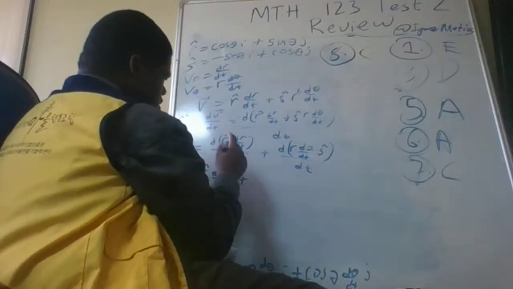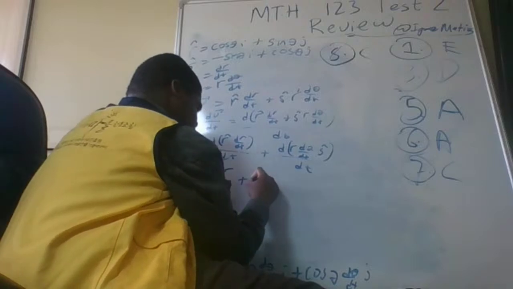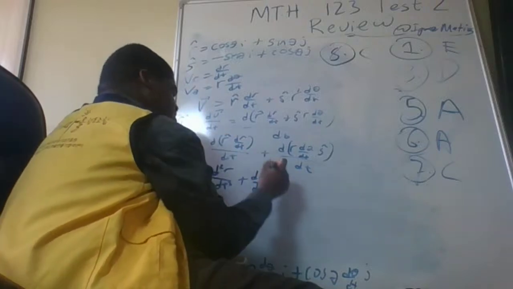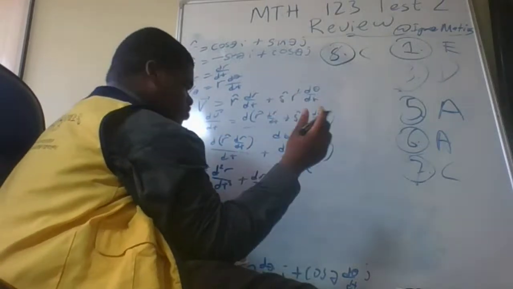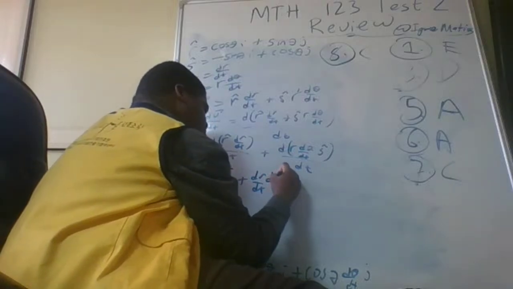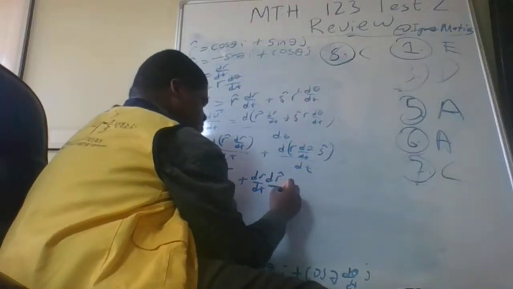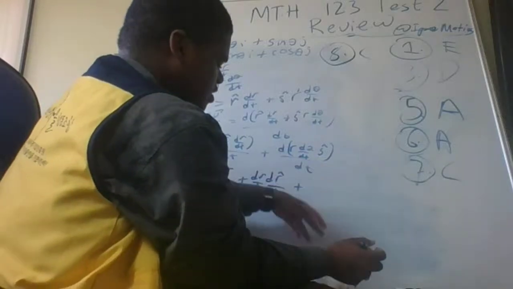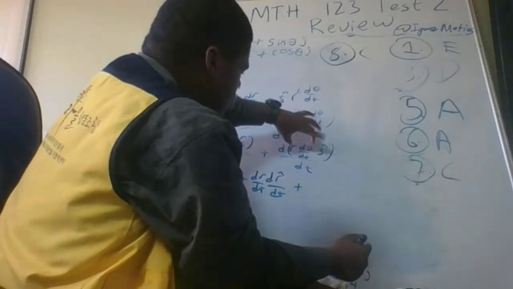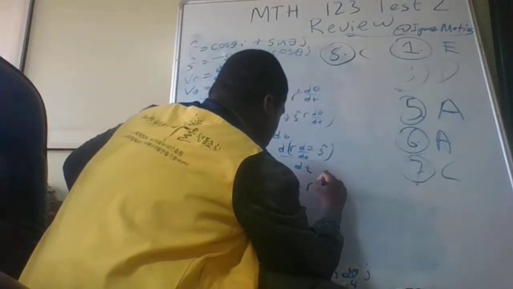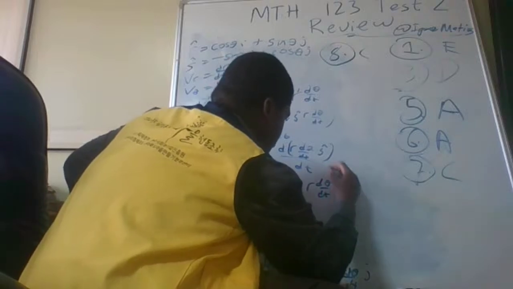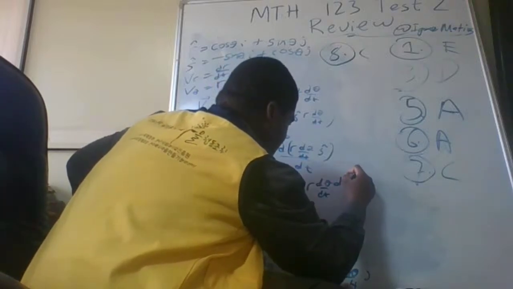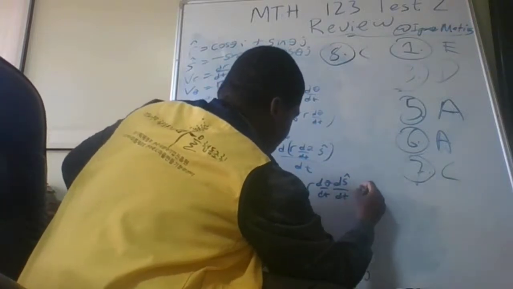Plus, keep the r dt constant, differentiate the unit vector of r with respect to time. So that will be dr dt. Plus, the same thing that happens for the product rule happens here again. Keep r dθ constant, differentiate our transverse vector with respect to time.